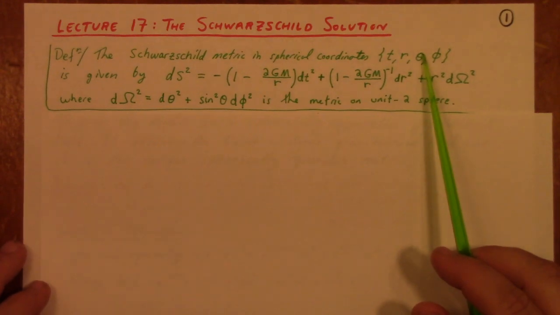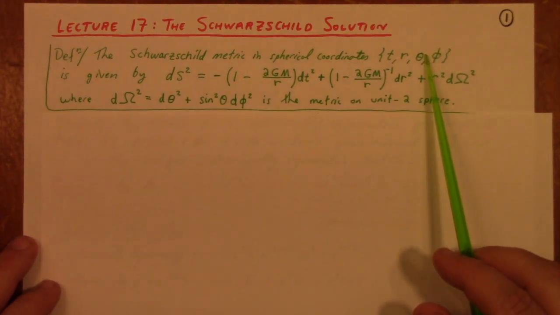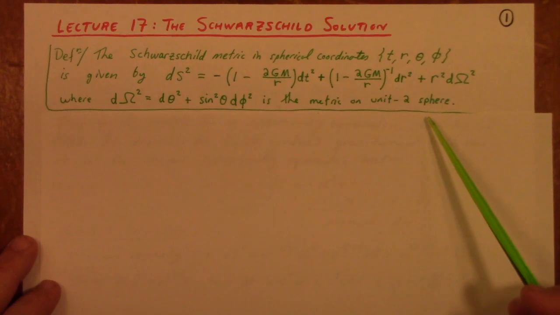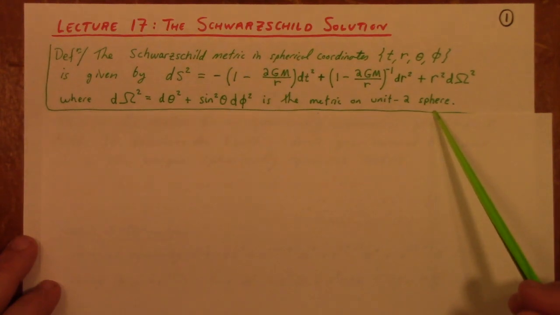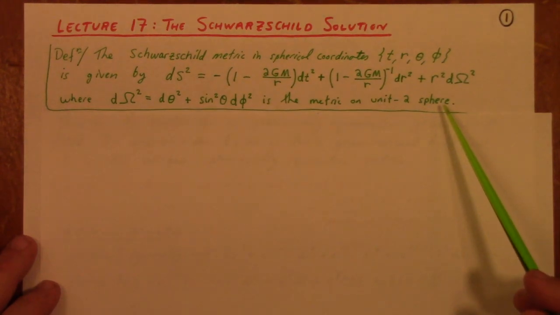So this sets the frame for how we expect gravity to behave in general relativity with respect to more complicated situations. This is the backdrop, all right? This is the blank canvas on which you can put other things.